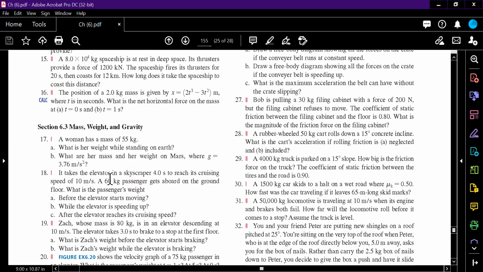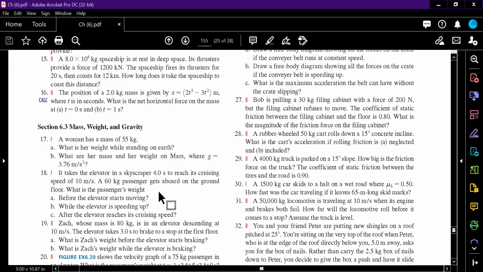All right, 18. It takes an elevator in a skyscraper 4 seconds to reach a cruising speed of 10 meters per second. A 60 kilogram passenger goes on the ground floor.